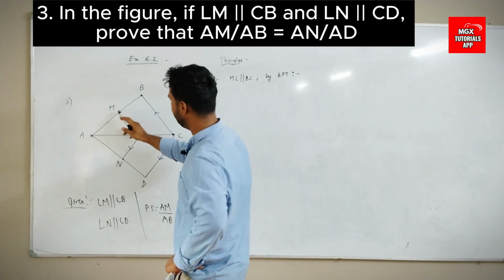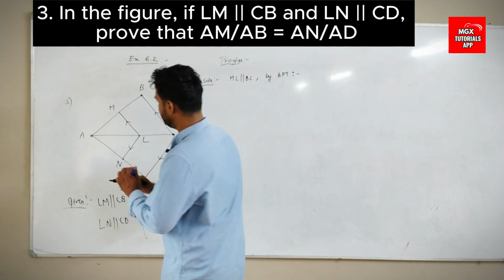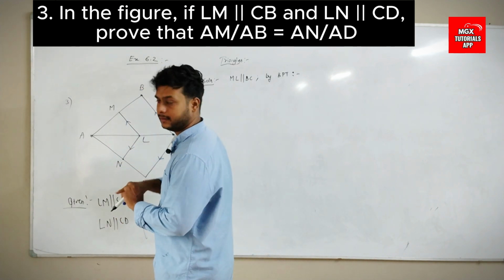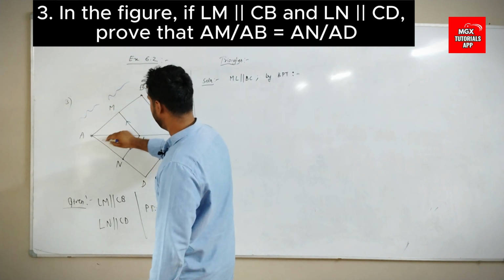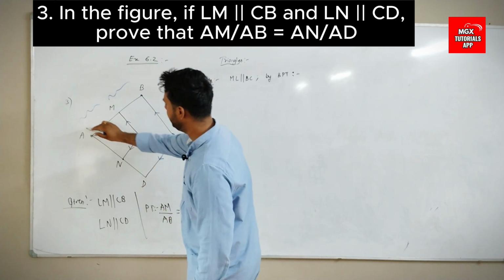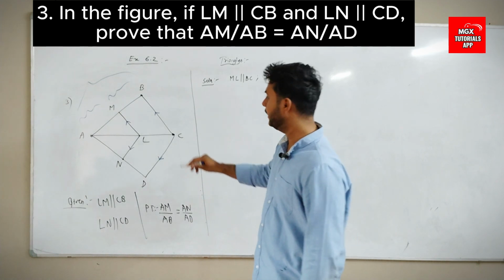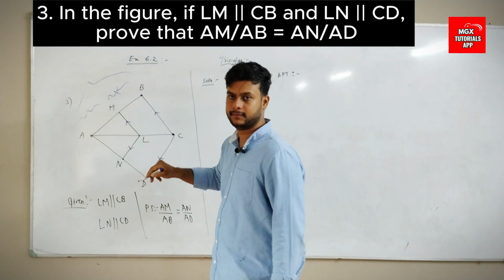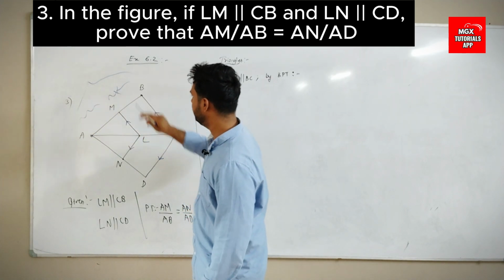I can take AM by MB also. I can take like this also. I told earlier that there are 3 rules. I can take AM by MB by AL by LC. But I should prove AM by AB. So like this if I take, I will not get the answer. Getting or no? I should take AM by AB full.